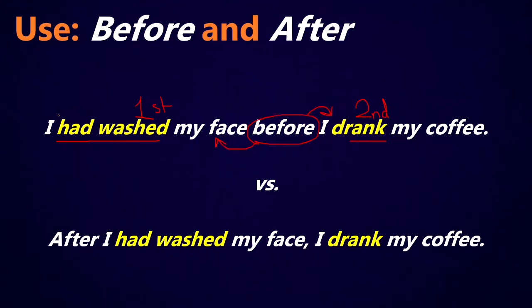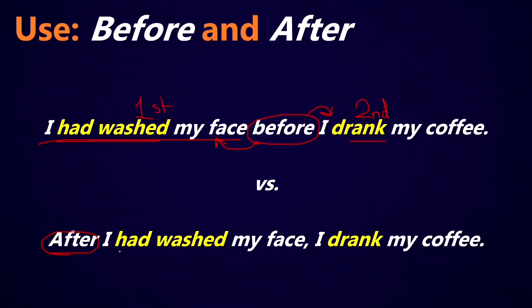Now I can take this same sentence and just change this word before to the word after. And what I'm going to do is I'm going to put it at the beginning of this first clause here. So after I had washed my face, I drank my coffee.